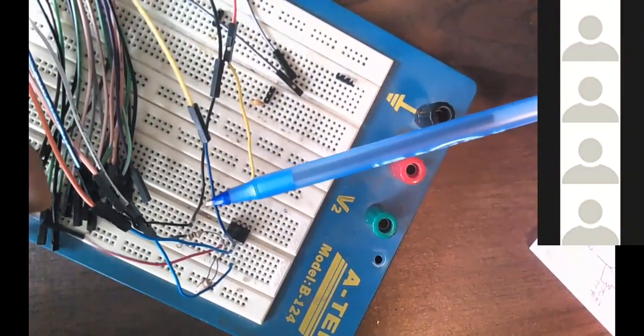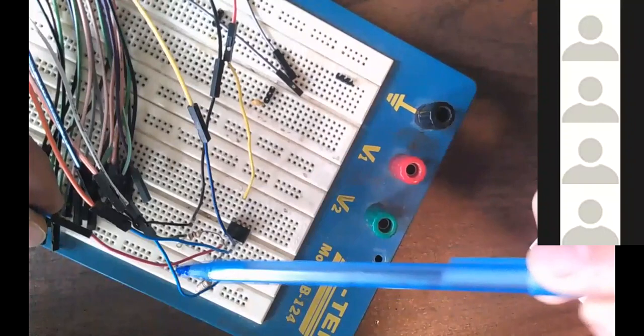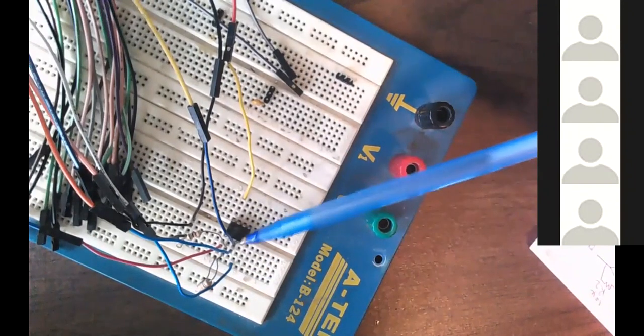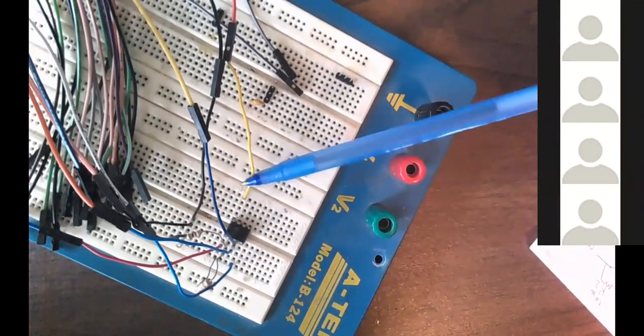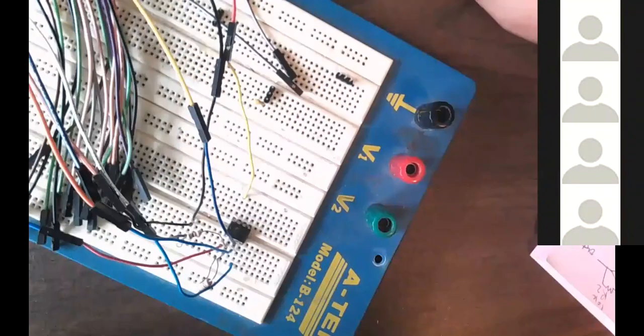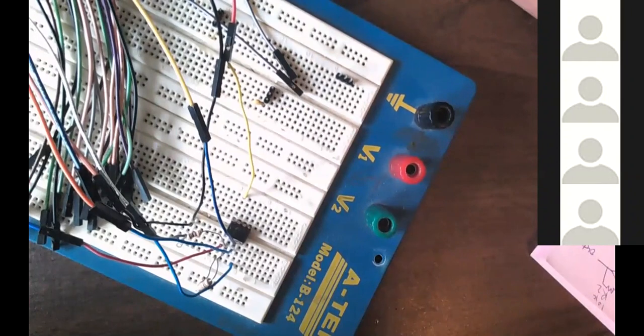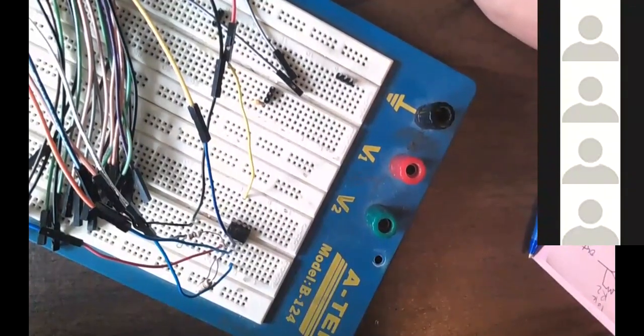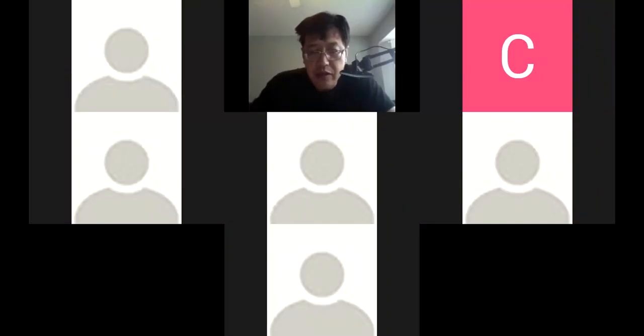Input is here, output is here. The red wire is my output. And this is my op-amp. This is the battery, power supply, positive and negative. So I will start the power, start everything, and you will look at all the instruments. I will switch camera again, for you to see the instruments.